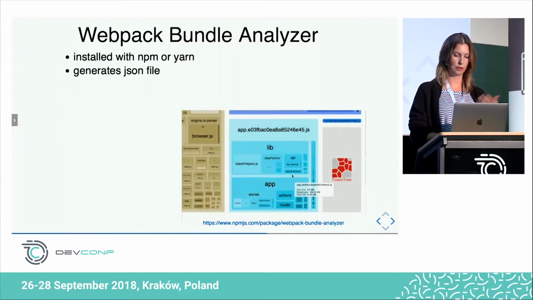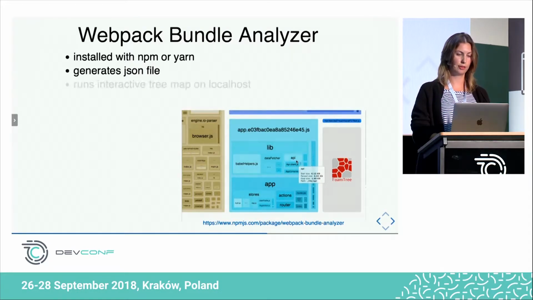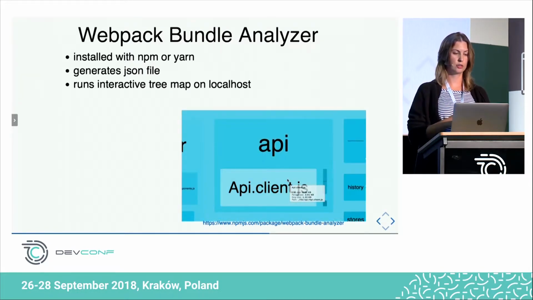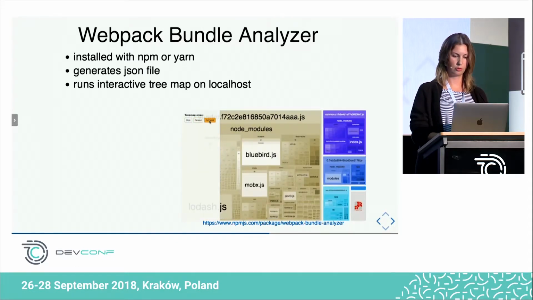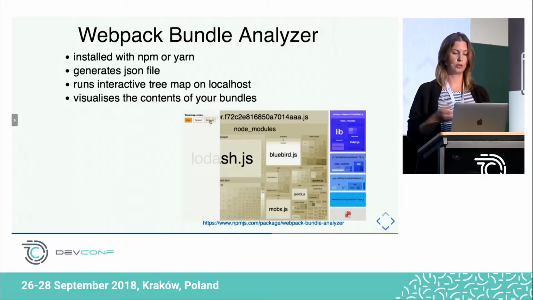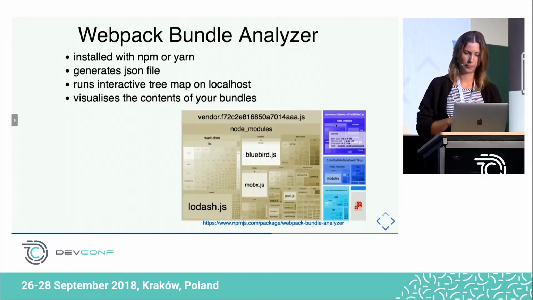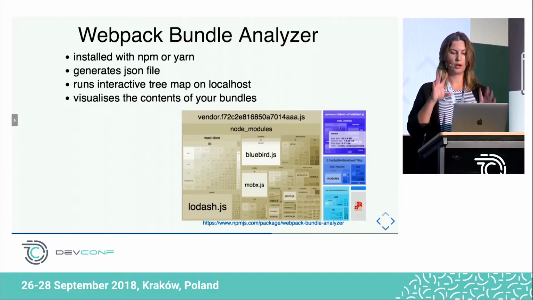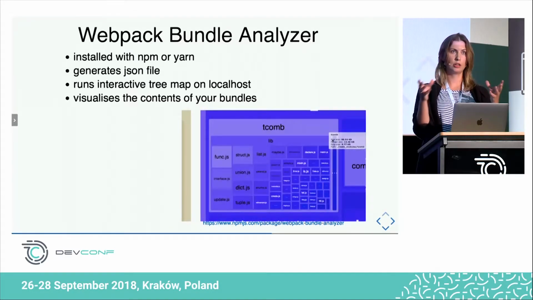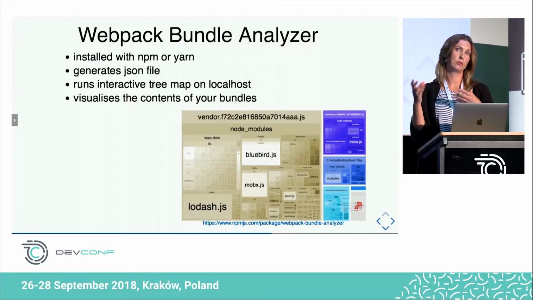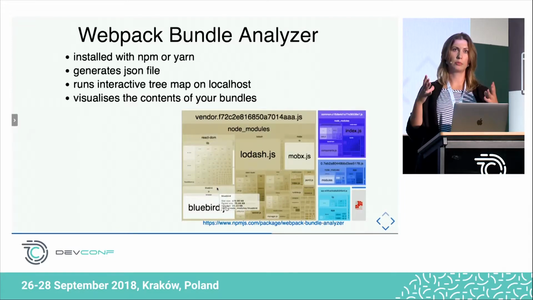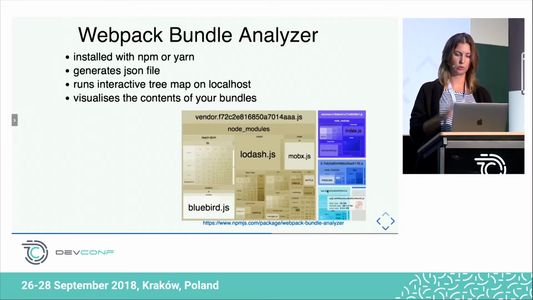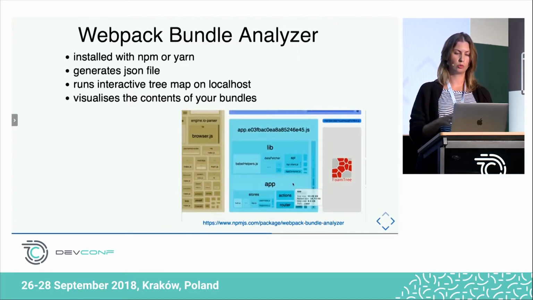You can dig into the data if you are a big fan, or you just run the interactive tree map on localhost, and this GIF presents a sample of the final solution, because it visualizes the content of your bundles. The big chunks are the heavier ones, and small chunks are those you don't need to care about right now, because probably one day they will become bigger, but not yet. So you only care about those big chunks, and you want to make them smaller.